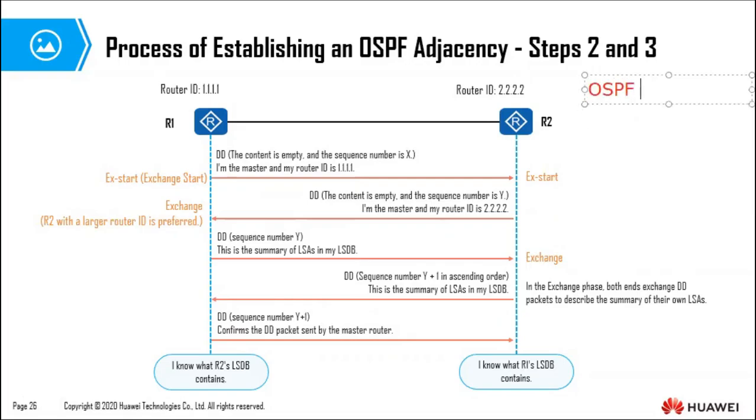Okay, OSPF states. So we have down, init, 2-way. Here we become neighbors.